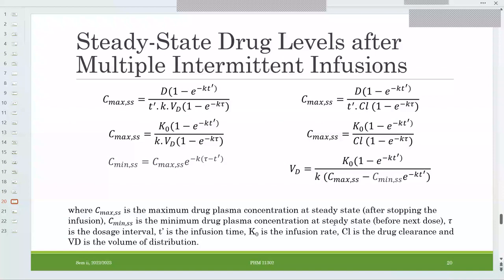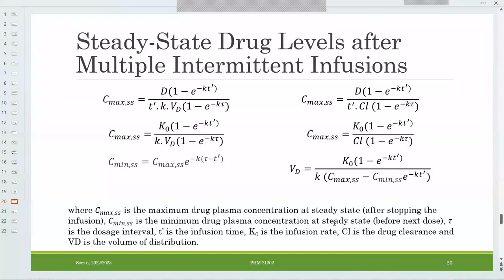Now we move to calculation of steady state drug levels after multiple intermittent infusions. If the patient receives multiple infusions, you will study this in clinical pharmacokinetics later on. Drugs like gentamicin or aminoglycosides in general are normally given by intermittent intravenous infusion, usually as a half-hour or 1 hour infusion.